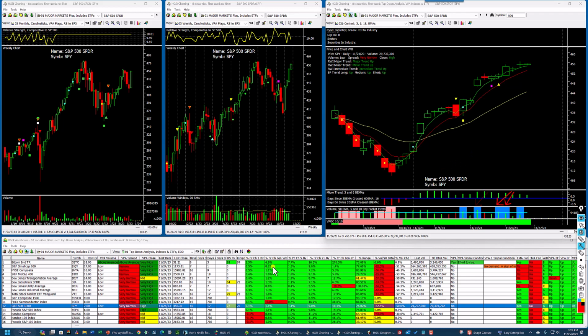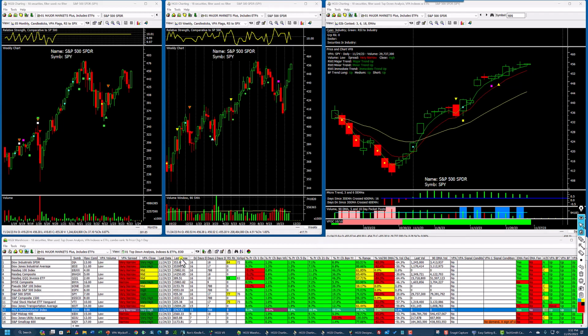But if you're scanning and using these other indicators, you're going to find not only indexes but stocks that are crossing over. Now I'm going to sort on this. I have to go over here and re-engage my mouse and sort on this. And by doing that, I can look down this column.